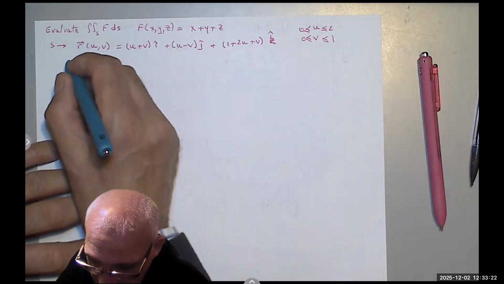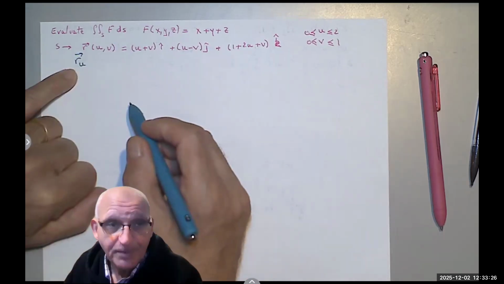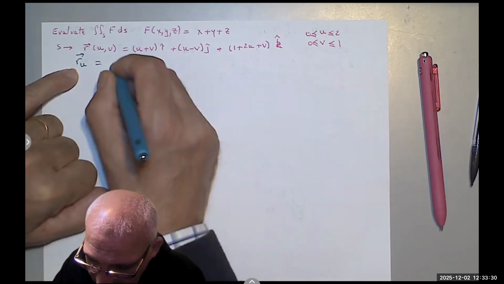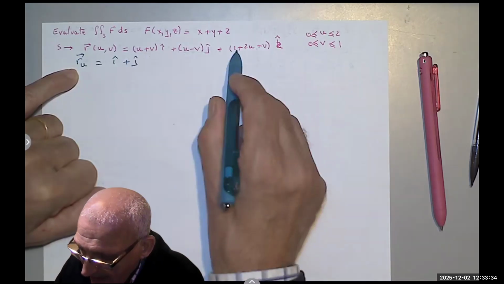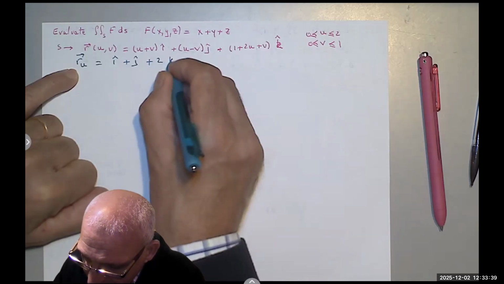is to take Ru, meaning the partial derivative of R with respect to u. So I get i, u again, so plus j, and 2u plus 2k.